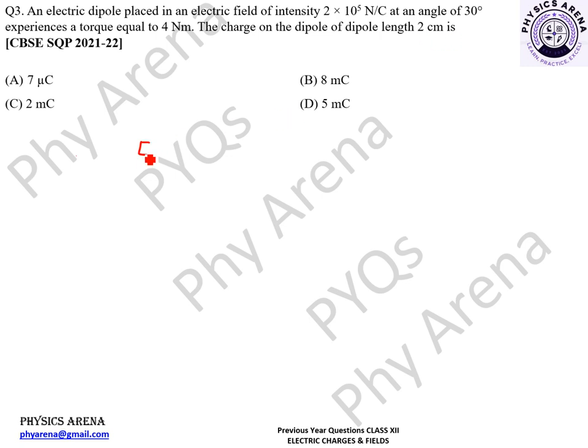So electric field intensity is given to us as 2 multiplied by 10 to the power 5, and the dipole is placed at an angle theta equal to 30 degree, and the torque experienced by it is 4 Newton meter, and also the dipole length, that is 2a, is equal to 2 centimeter.